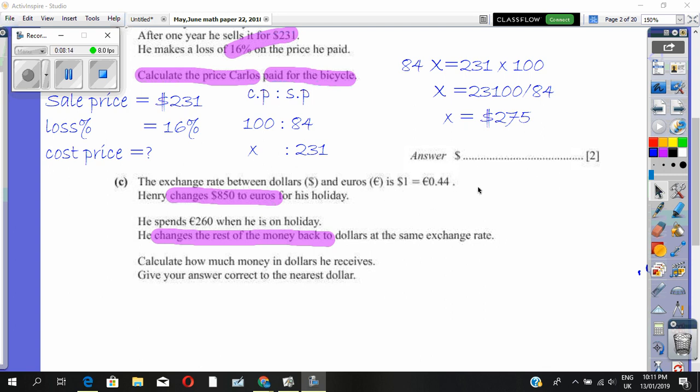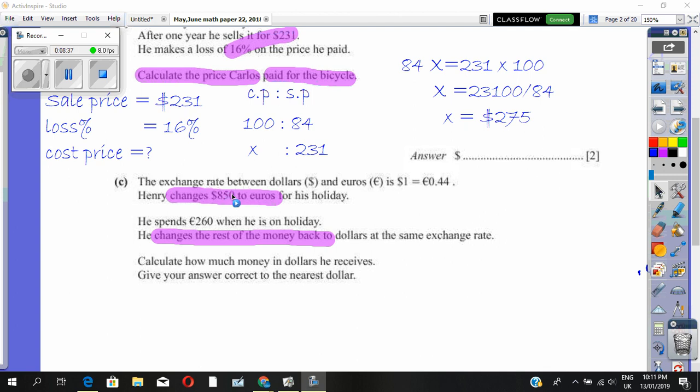The exchange rate is given, meaning $1 equals 0.44 euros, and Henry wants to change $850 to euros.